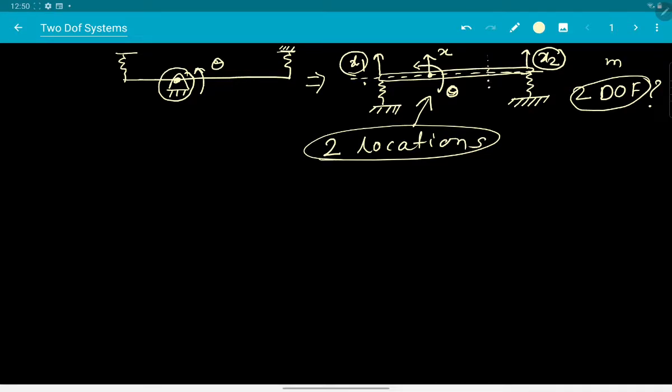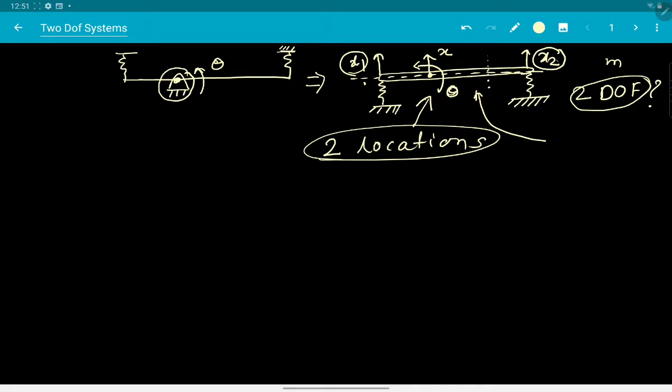Which essentially means that any two displacements need not be only translational; you can even give a rotational displacement, or rotational degree of freedom, as the input. So any two displacement inputs are required to completely specify the displacement of this bar, which is the system. Similarly, to completely define the velocity profile of this entire system, you will require two velocity inputs.